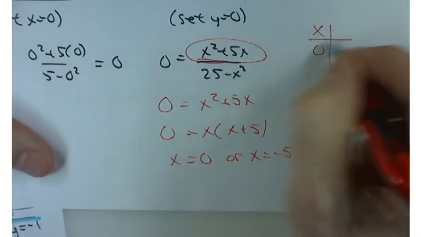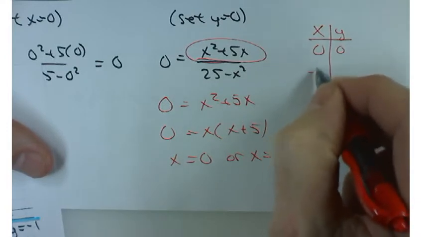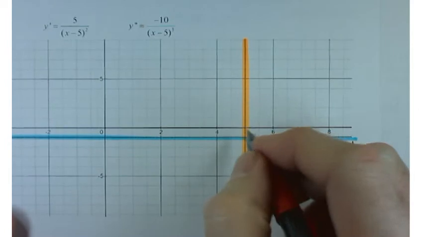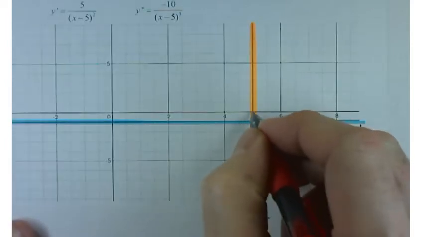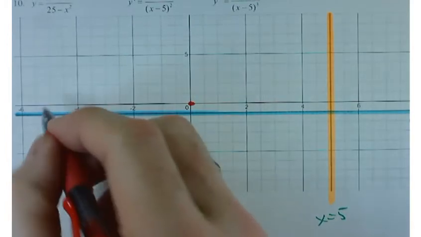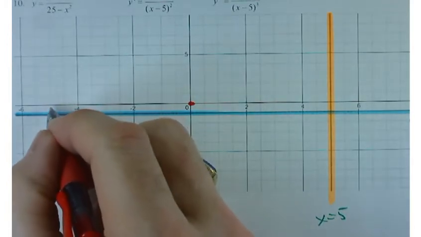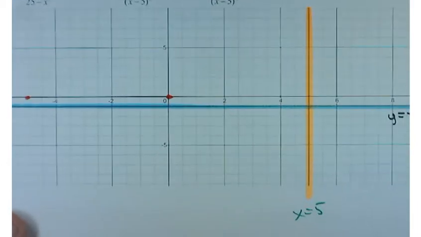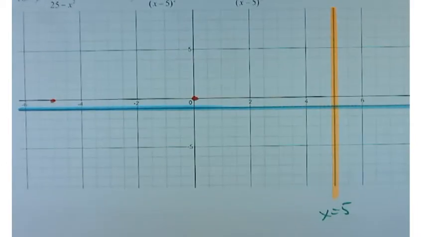X is 0, y would be 0, x is negative 5, y is 0. So let's put those in. 0, 0, negative 5 and 0.